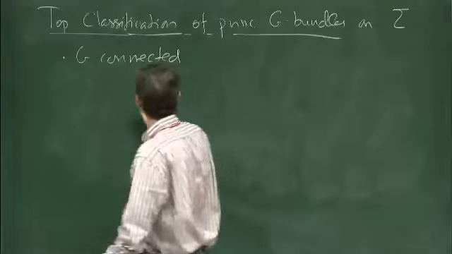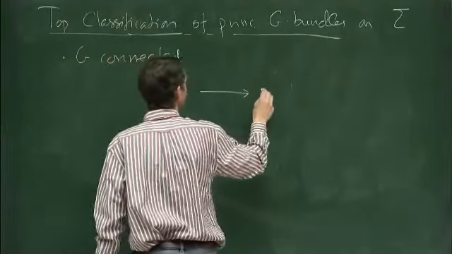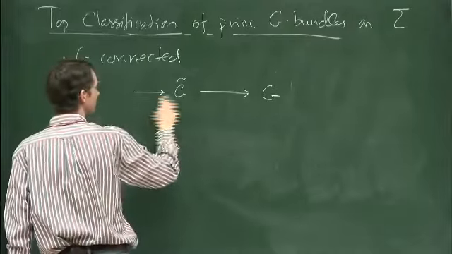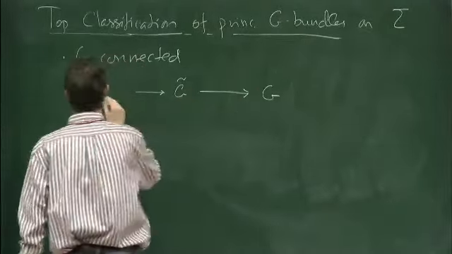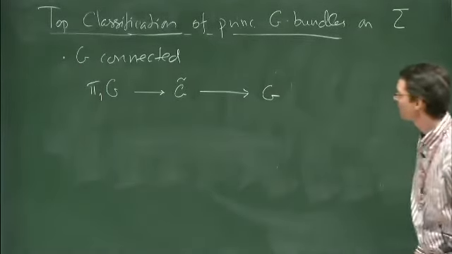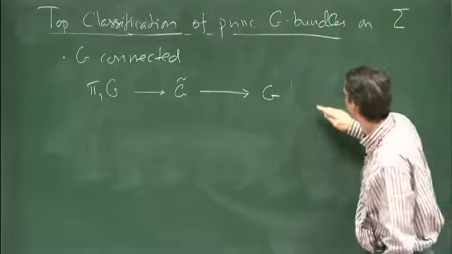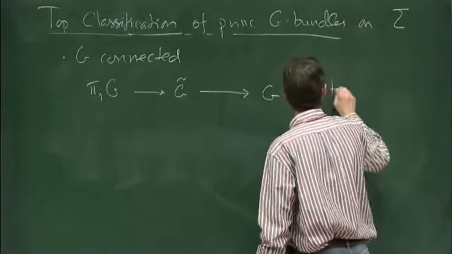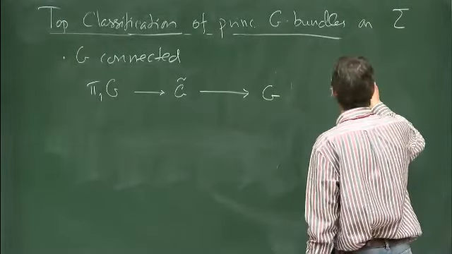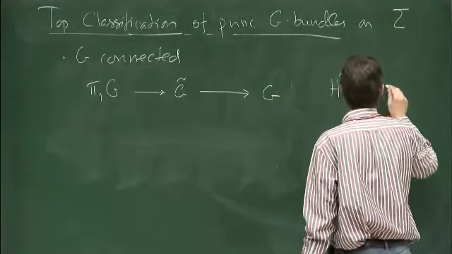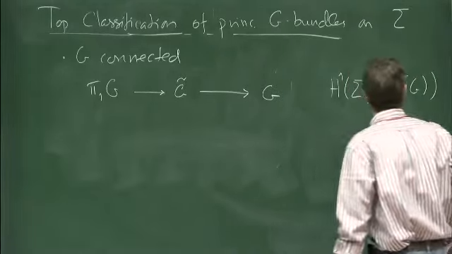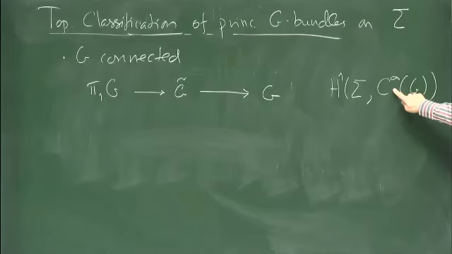Then let's take the universal covering group. We have an exact sequence, a projection down to G, and we can identify the kernel as the fundamental group of G. So if you think of a principal bundle, as we saw previously, as some element of this first cohomology set of sigma with coefficients, let's say smooth G valued, the sheaf of smooth G valued functions on sigma.